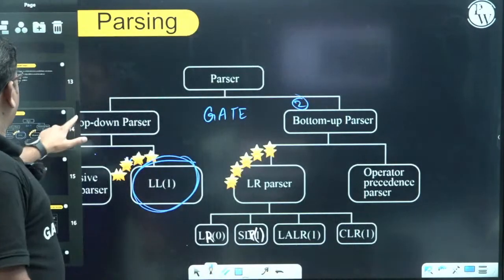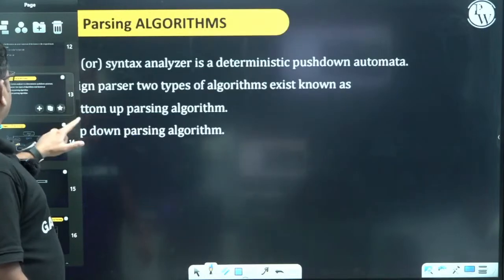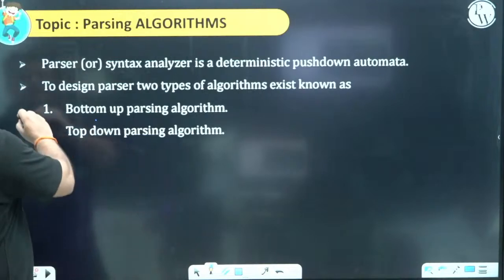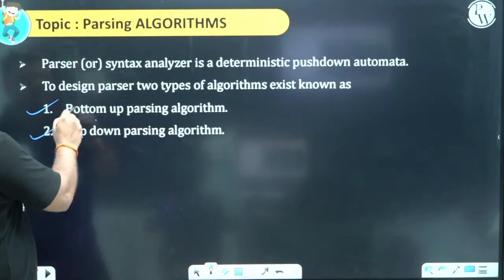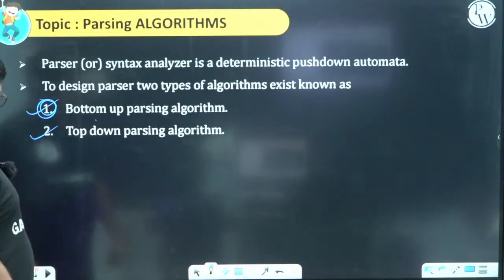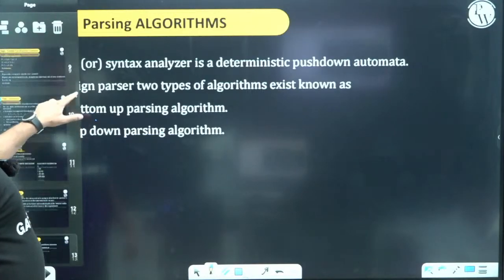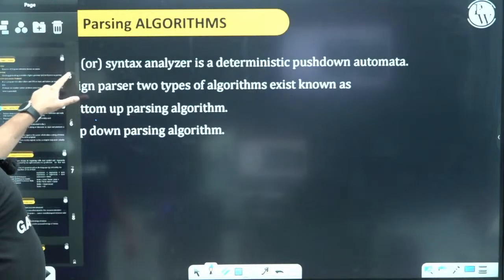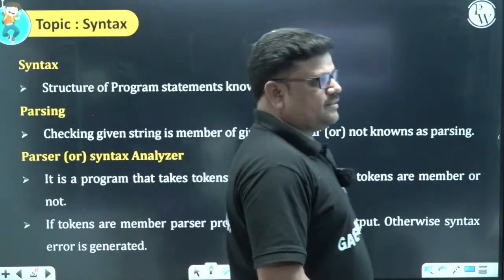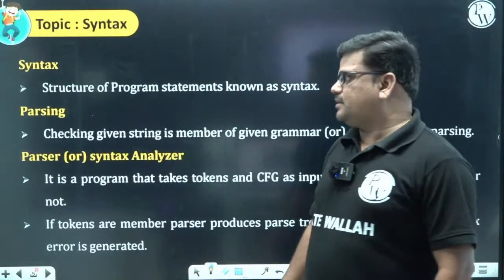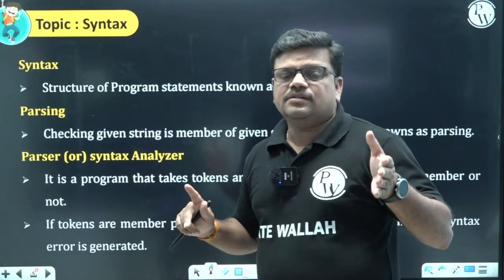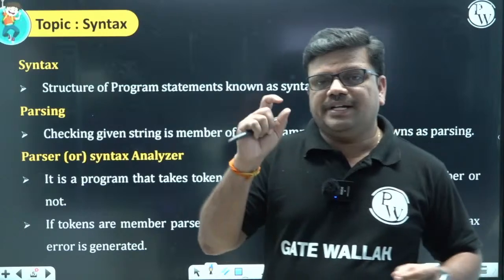These are the two types of parsing algorithms: bottom-up parsing and top-down parsing, and bottom-up is the most powerful one. I hope everyone remembers what exactly syntax analysis and parsing are.